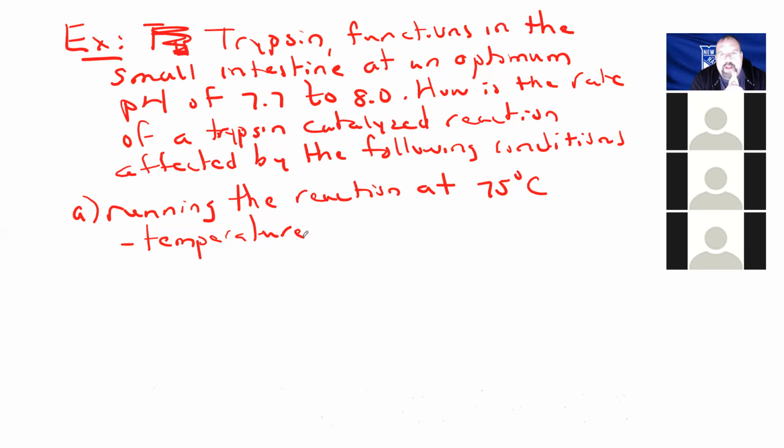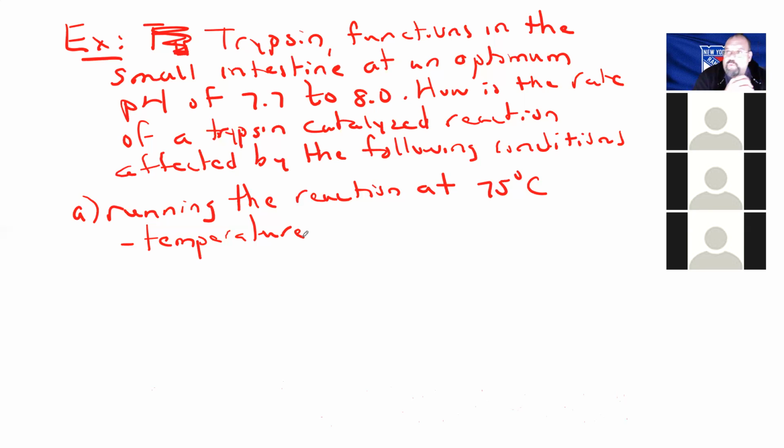However, there will be a certain temperature where the enzyme will be working at its best. Once you go past that temperature, the way the enzyme works will actually not be as good.